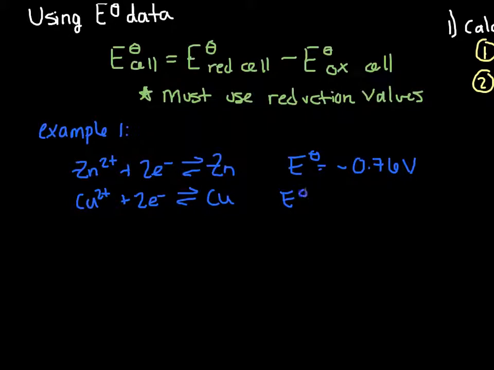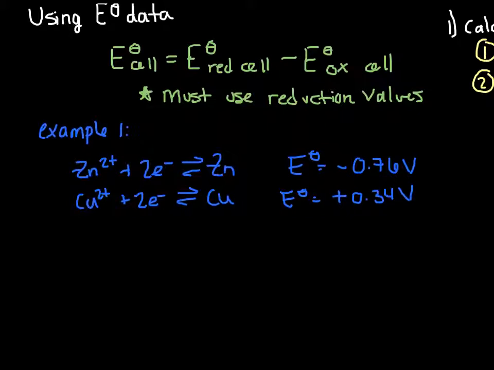Copper has a value of positive 0.34 volts. Alright, so now from this we can determine which one's going to be oxidized and which one's going to be reduced, so we could appropriately draw the voltaic cell if we needed to, or do the appropriate calculations.